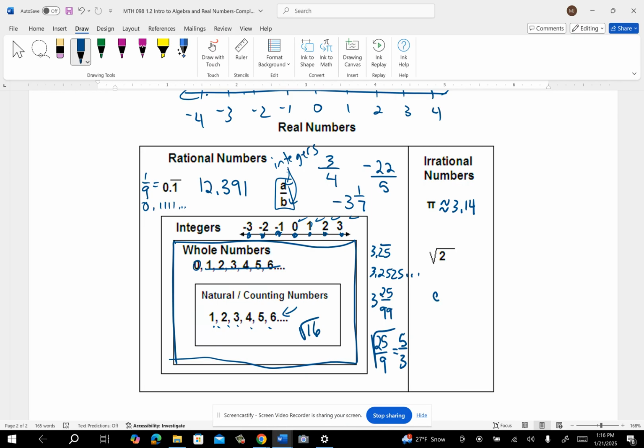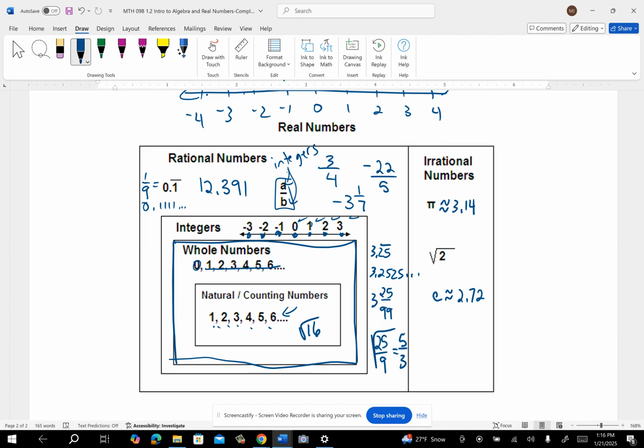E is another irrational number. It's about 2.72, a little less than 3. You'll see those, like pi, you've already had to use anytime you dealt with area in geometry, anytime you're dealing with a circle, you typically have pi involved.